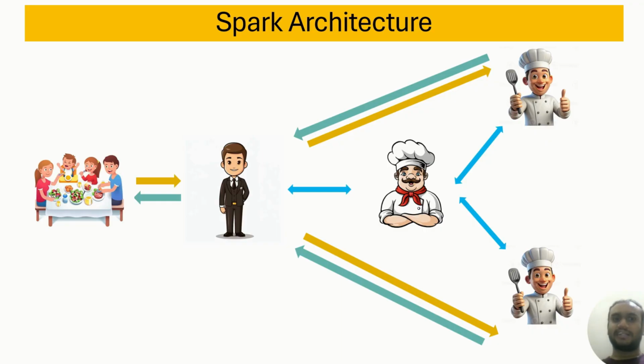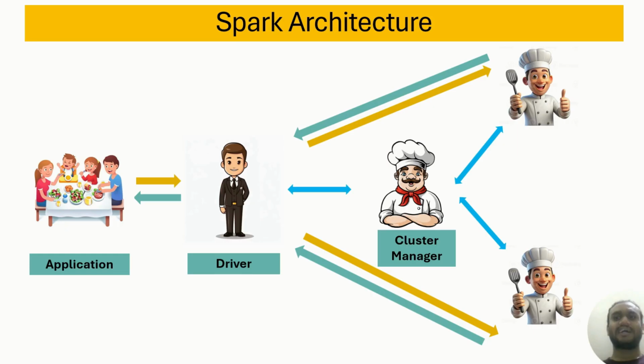Now come to the Spark side. The person who is ordering the food, the menu, is called the application inside Spark. The person who is collecting orders from you and delivering you the food is called the driver. And the head chef who is looking at the available chefs who can help you is called the cluster manager.